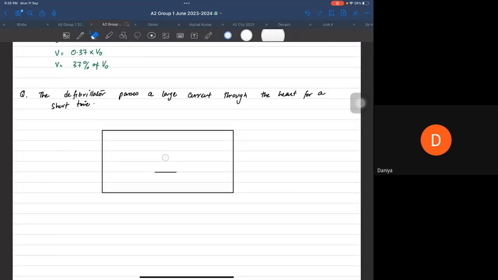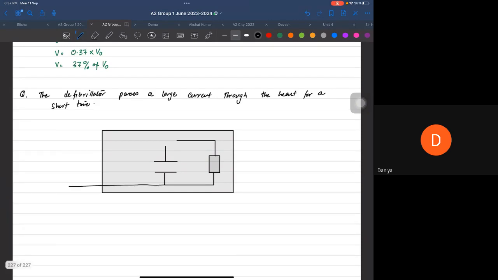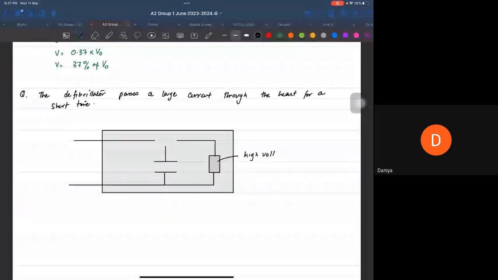By the way, it has a very high voltage supply of 1200 volts.